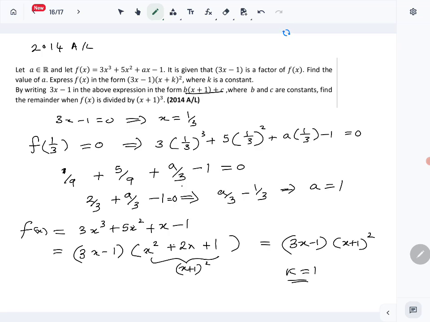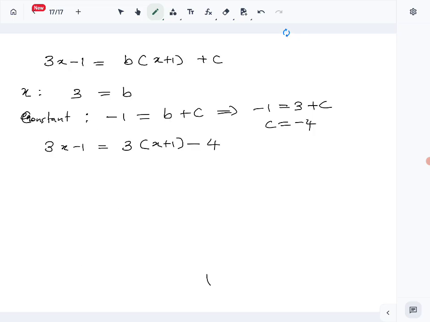Now what? Now find the remainder when f of x is divided by (x plus 1) cubed. Right. So now we can write f of x as what? f of x is (3x minus 1)(x plus 1) squared. Now let's write 3x minus 1 in that form.